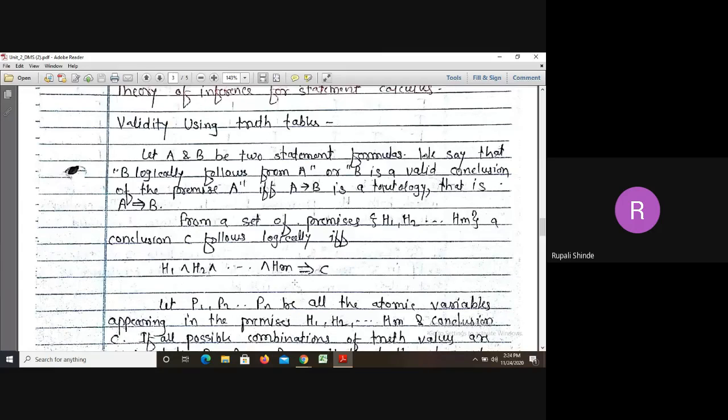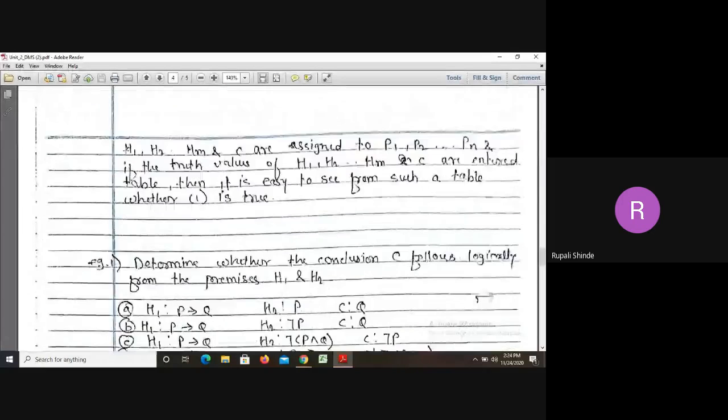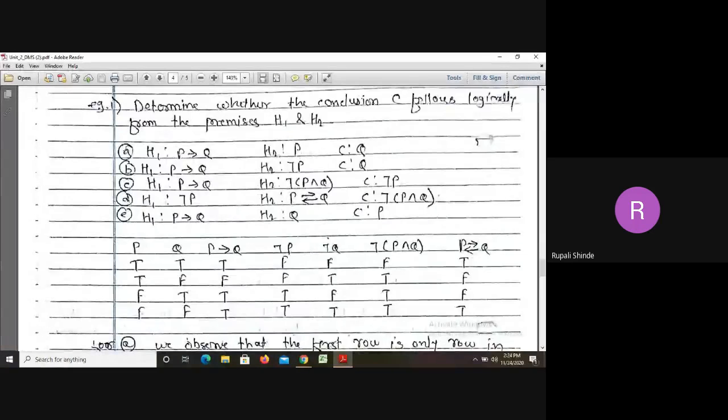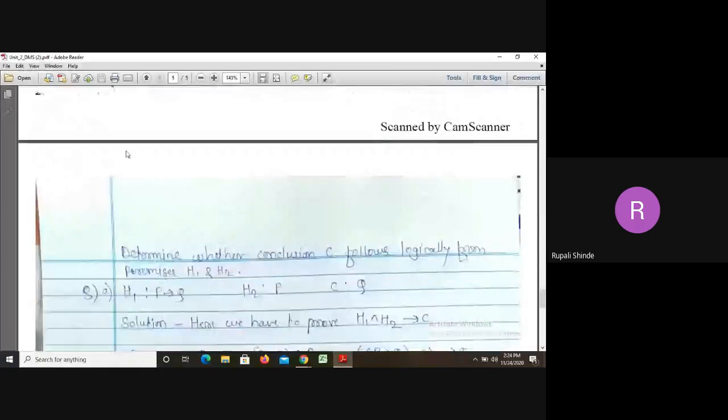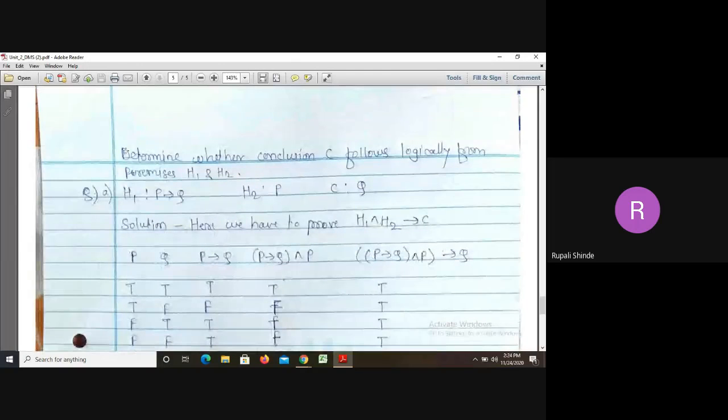We have to take the conjunction of all these premises, H1 and H2 and H3 and so on up to Hm, and if that logically implies C, then we can say that C is a valid conclusion for all these given premises. So this is the definition. We will solve one example based on that, and then you will get how to check whether it is a valid conclusion or not.